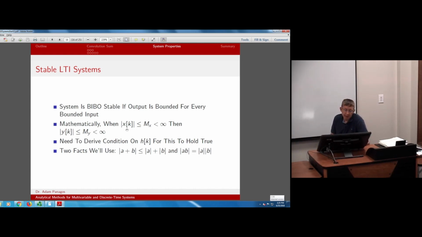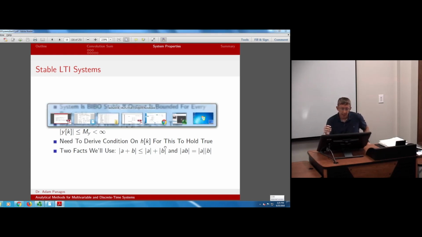Mathematically, how do we say that? Here's how we say it mathematically. We say that if my input's magnitude is less than some number, which is a finite number for all time, so I can find this number that kind of caps my input. If this is true, and that results in an output that is also capped by some number, that's what we mean by bounded input, bounded output stable. So mathematically what we write is this.